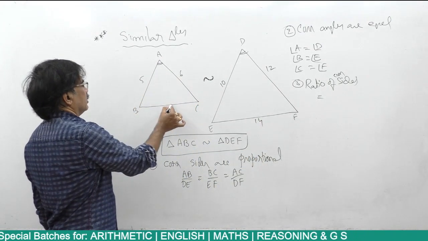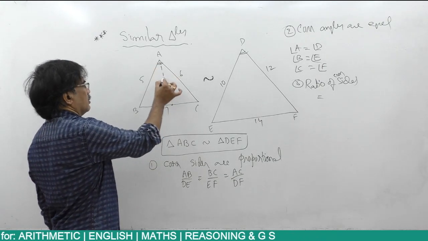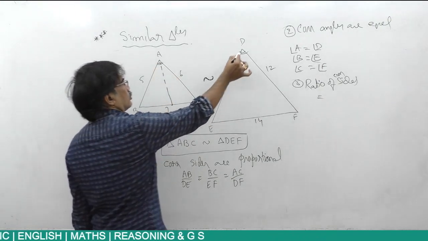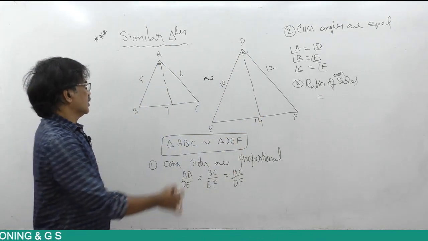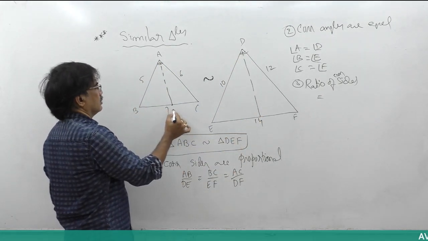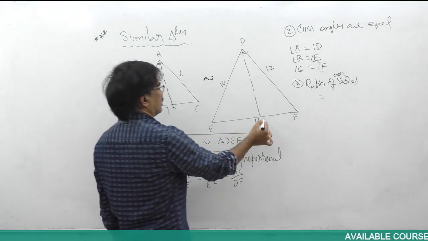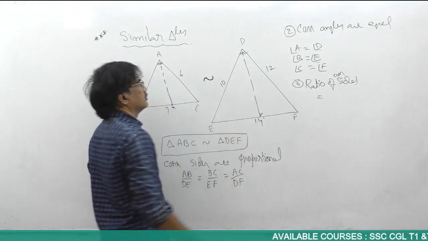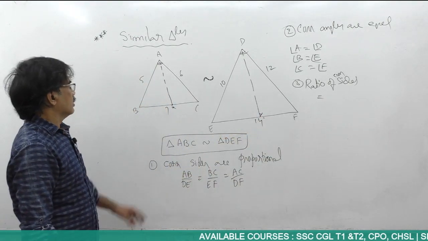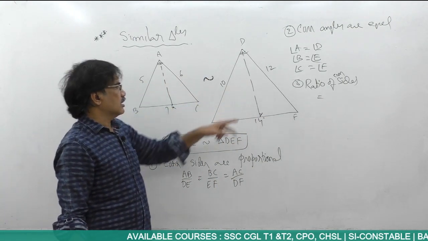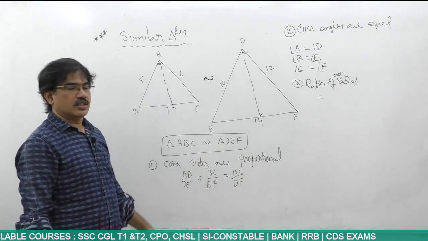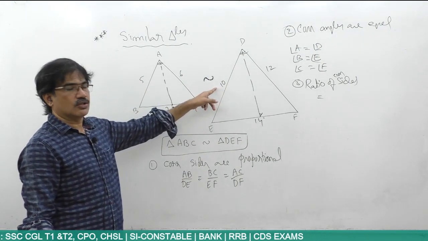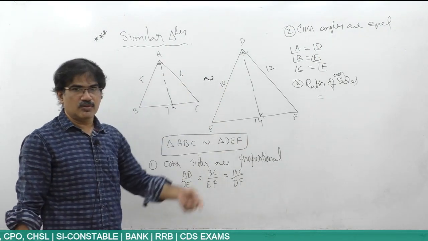For example, if this is the midpoint, I want to draw a median. Here also draw a median. If AX is the median and this is AY, these two medians are also in the same ratio 1:2. If sides of a triangle are in the ratio 1:2, medians are also in the same ratio.